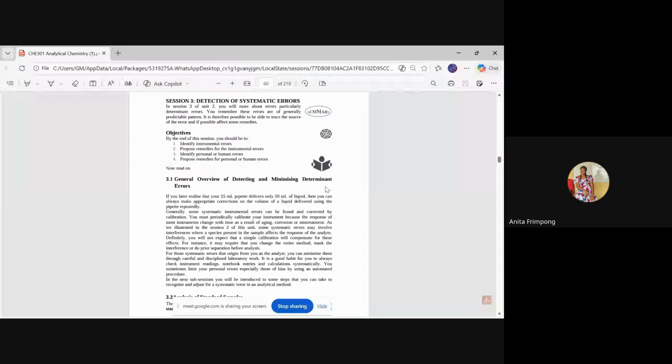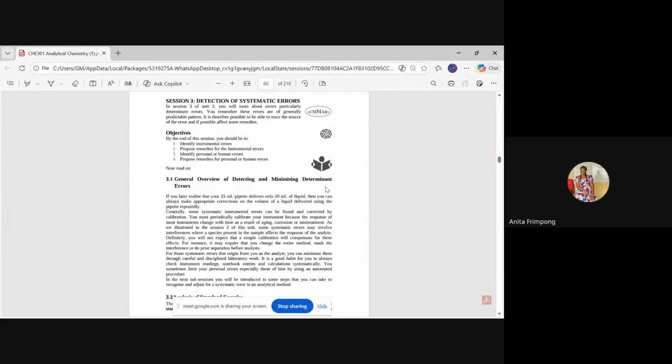Generally, some systematic instrumental errors can be found and corrected by calibration. You must periodically calibrate your instrument because the response of most instruments changes with time as a result of aging, corrosion, or mistreatment.